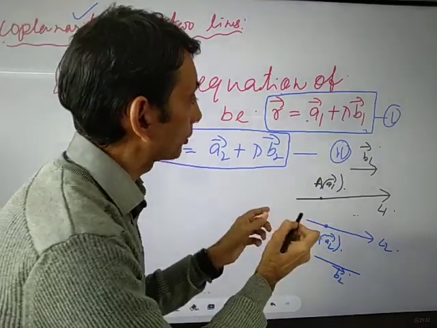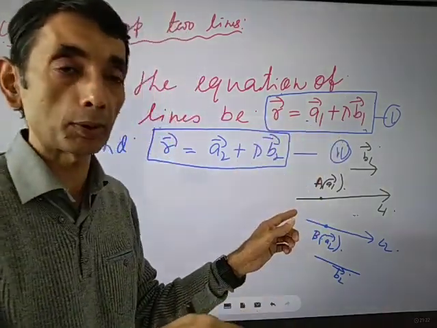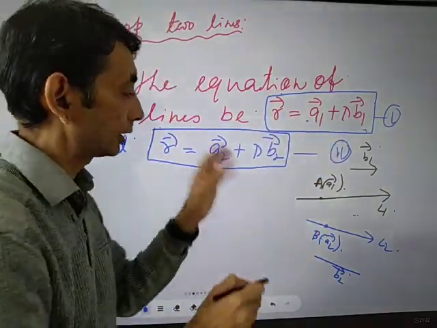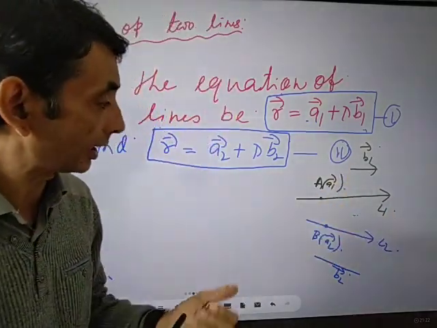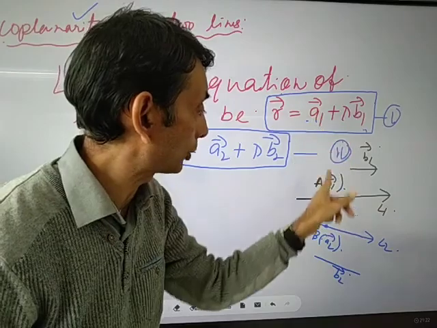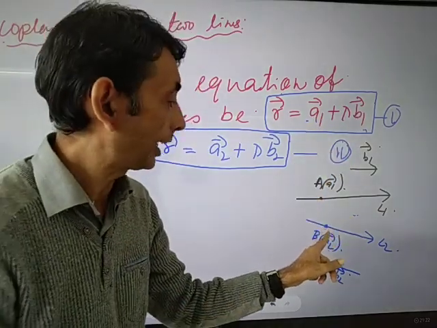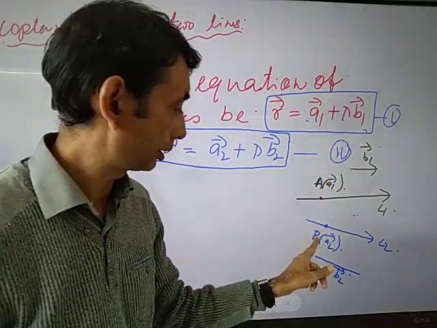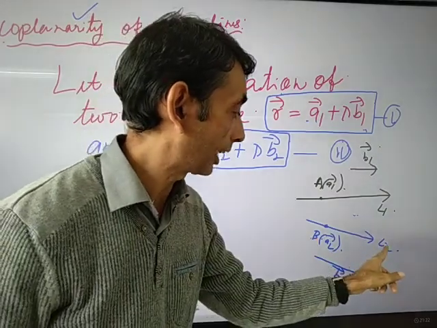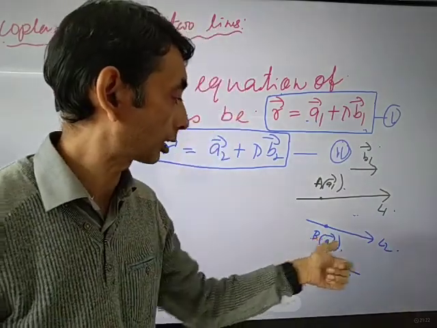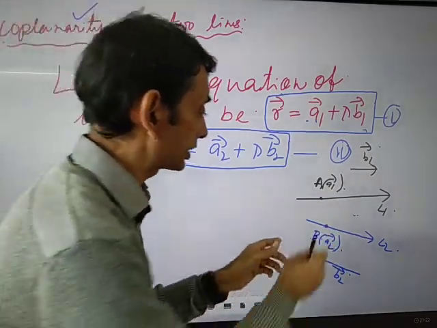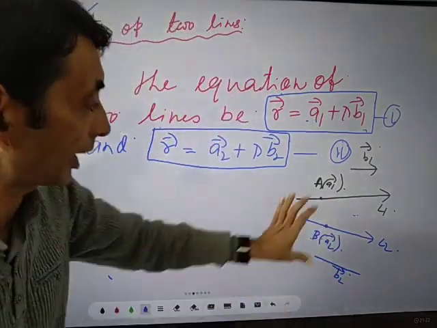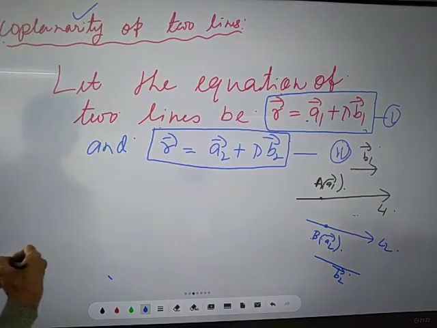A1 means the position vector of a point on line L1, and A2 is the position vector of a point on the line L2. So let us assume that particular point be A on line L1, and this point B on line L2, a fixed point with position vector A2. First, let us find AB, a vector joining two points.